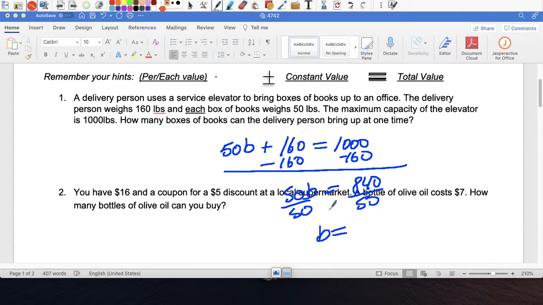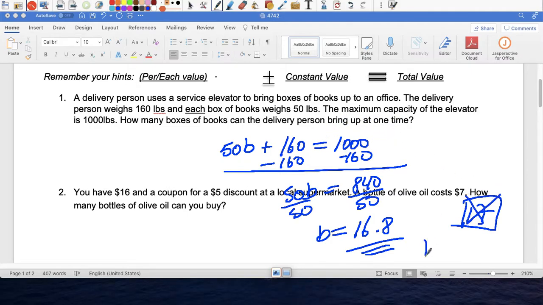The number of boxes that he can bring is, well, your calculator says 16.8. You can't round it up to 17 because anything above 16.8 would go over the limit of 1,000 pounds. So in this case, the greatest number of boxes that he can bring would be 16.